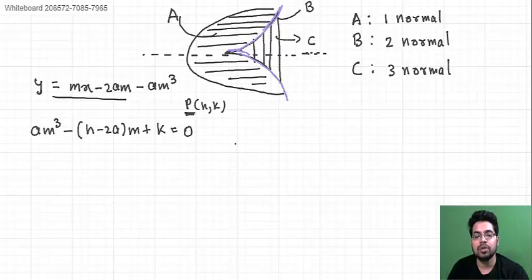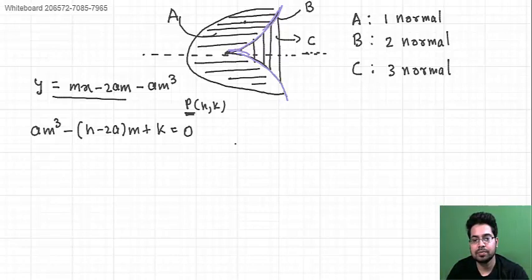So if you are given some point in this region, you can directly state that from any point in this region, I can draw only one normal to this curve. But now, what is the equation of this curve shaded in purple?